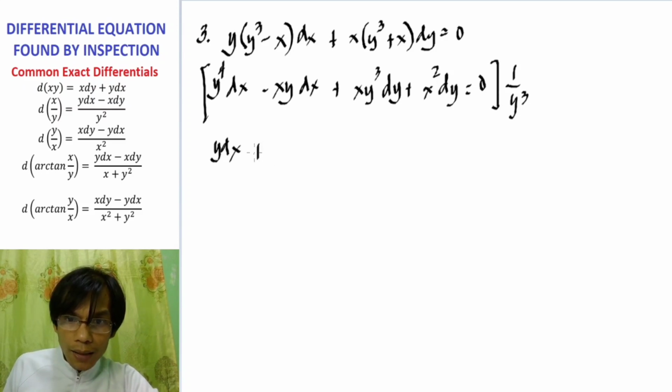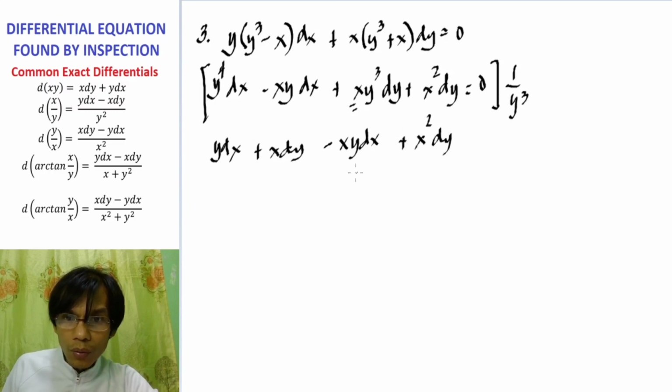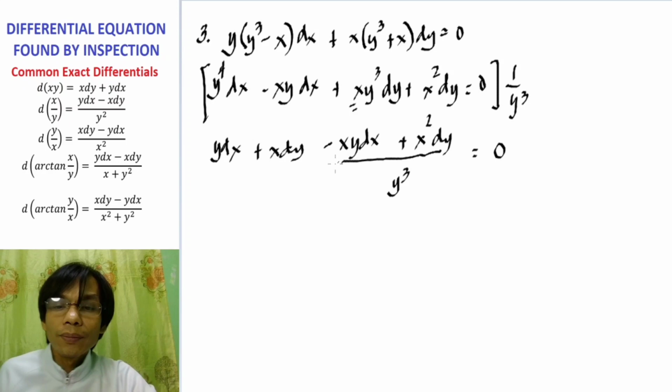So we have plus y, x dy. And then minus xy dx plus x squared dy over y cubed, and that is equal to 0.